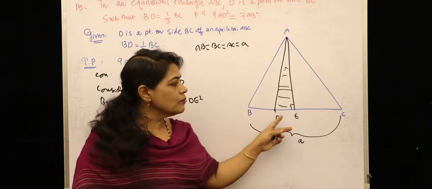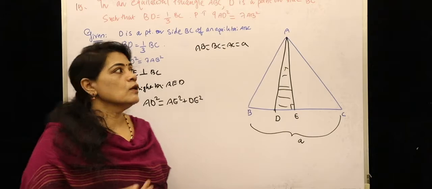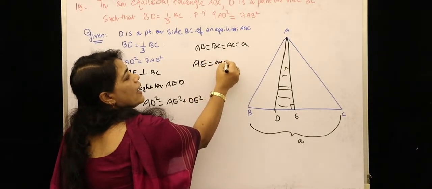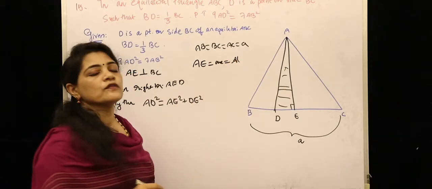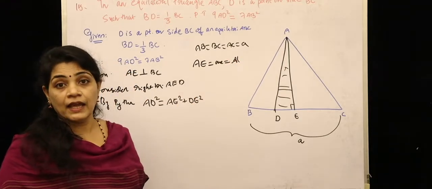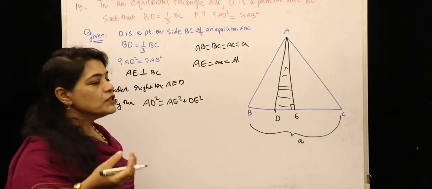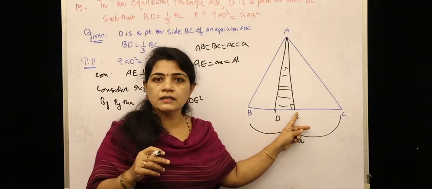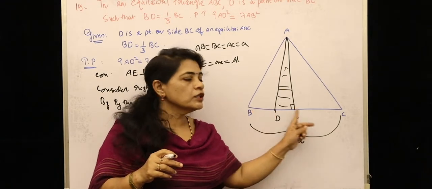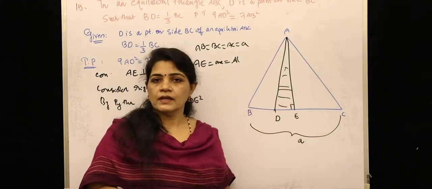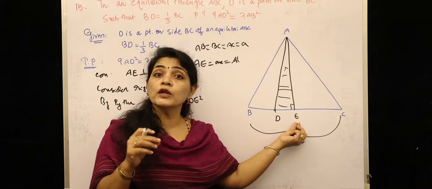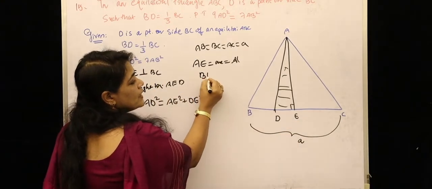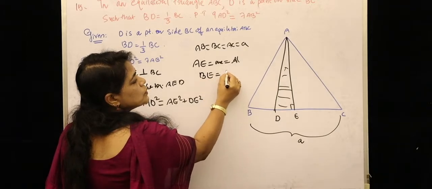So AE is the median as well as the altitude of the triangle ABC. Since AE is the median, E is the midpoint of BC, or you can write BE equal to EC.